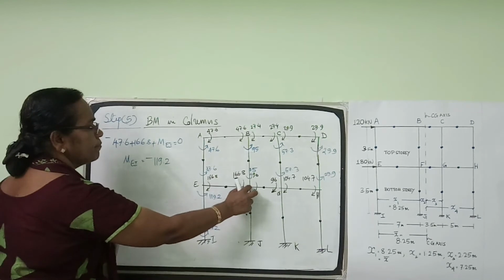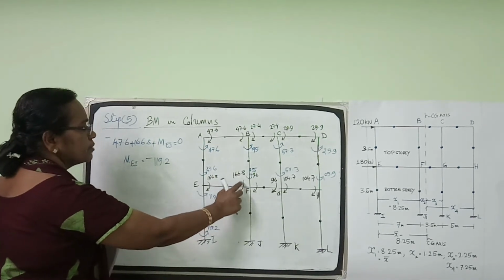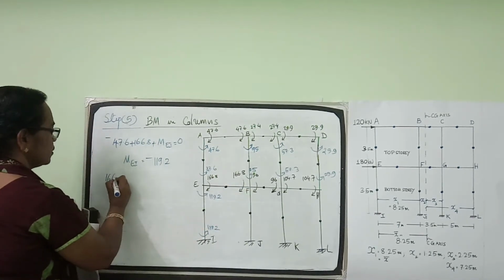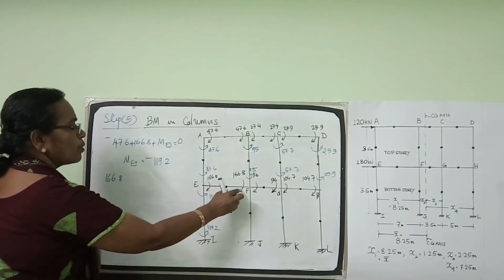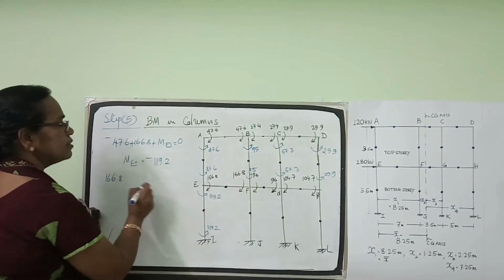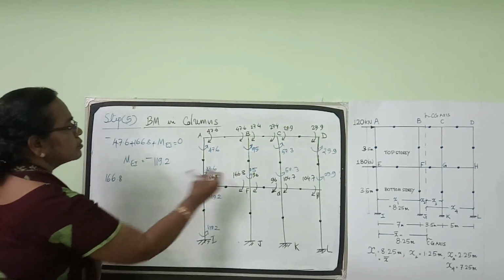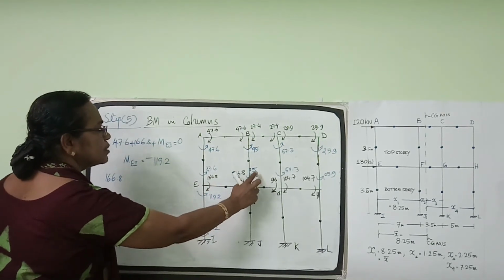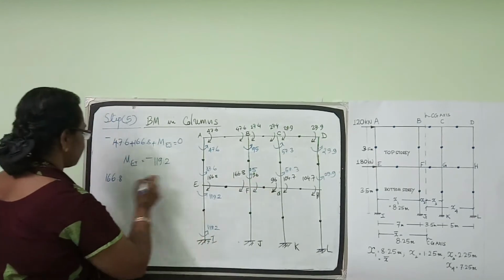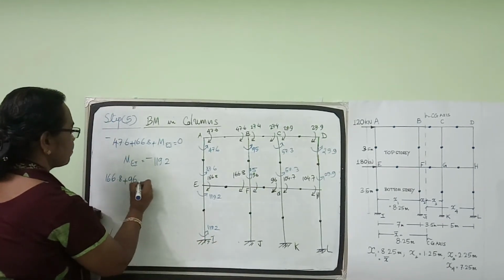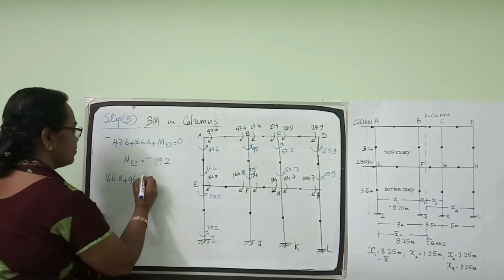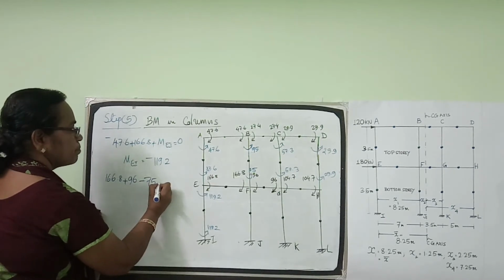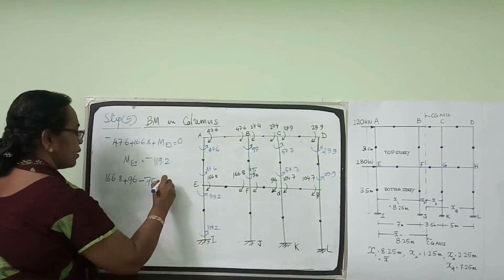Now coming to joint F. Here 166.8 clockwise, then from the beam there is 96 clockwise. And this column moment is minus 75 plus the moment in FJ.